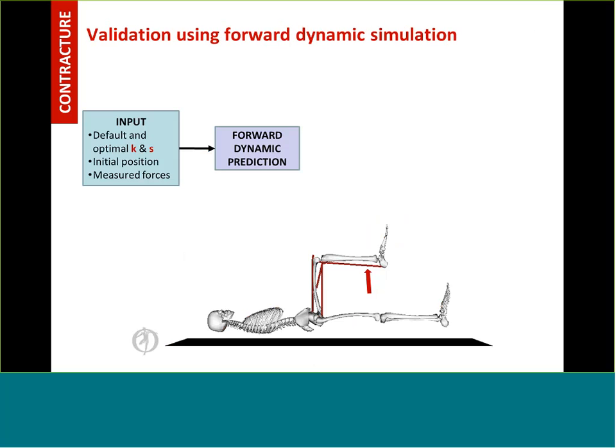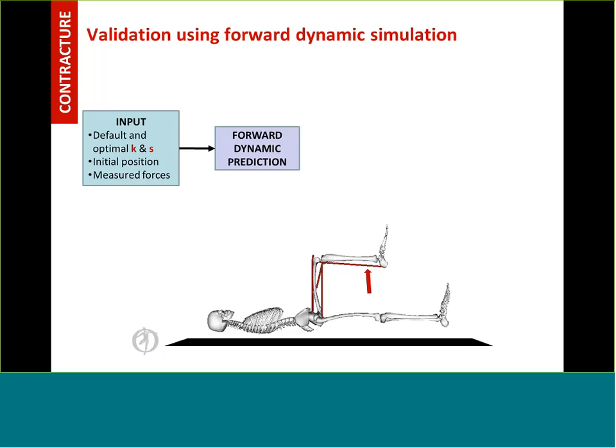Finally, to give an indication how the tuning of these passive muscle stiffness parameters can affect the simulation, we performed a predictive simulation or forward dynamic simulation of the slow stretch data. And as input to this predictive simulation, we used models with first the default and then the optimal passive properties.